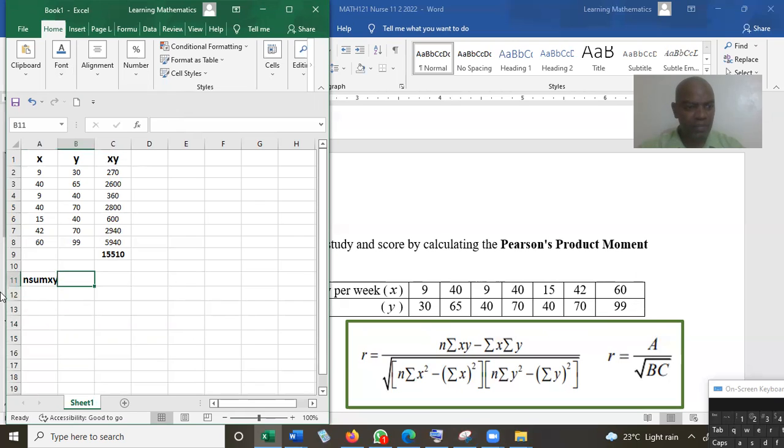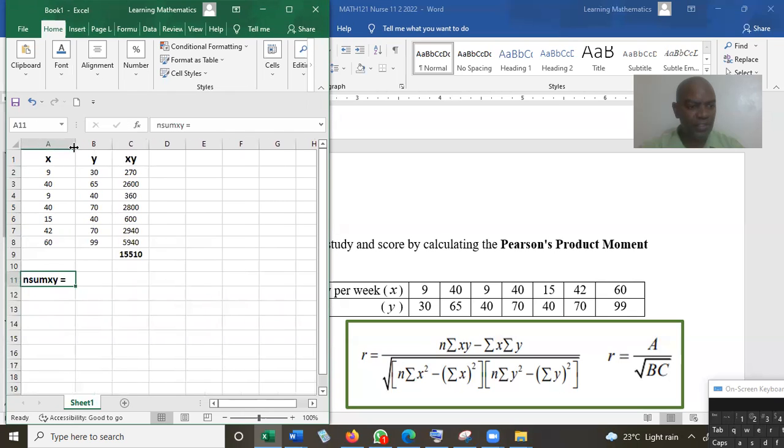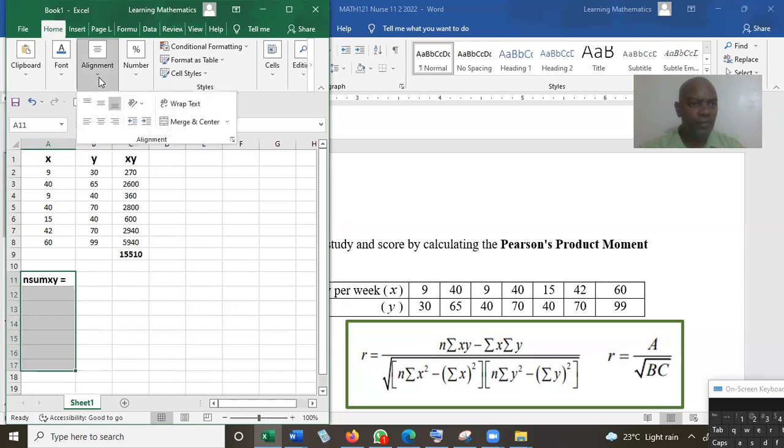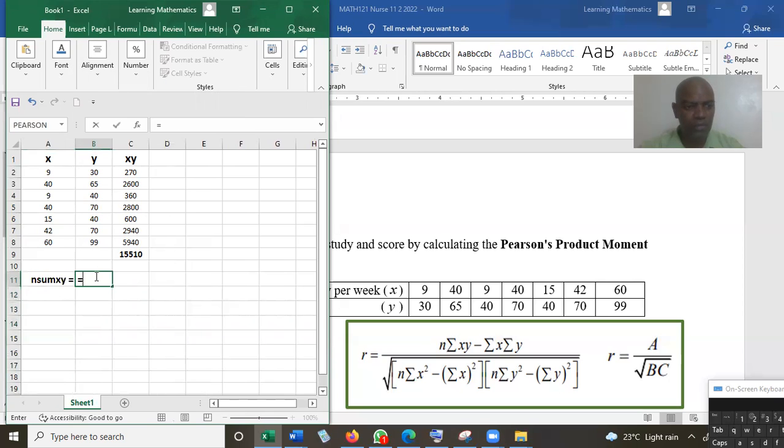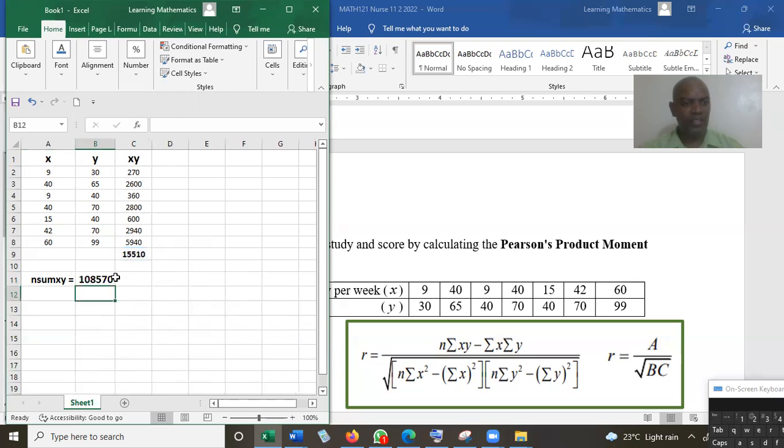So we indicate to Excel that we want to put the sum of xy here. So we just type equal, that's 7 times C9. Okay, so here is n times the sum of xy.